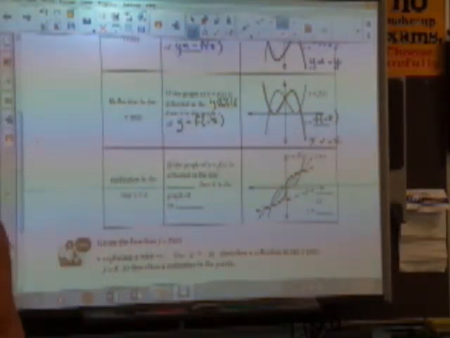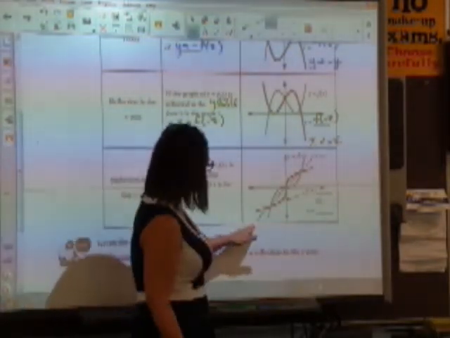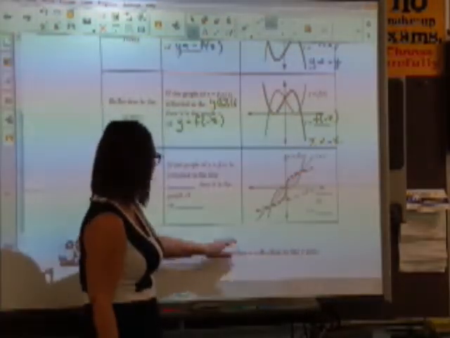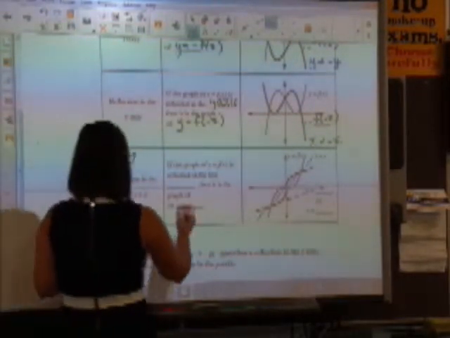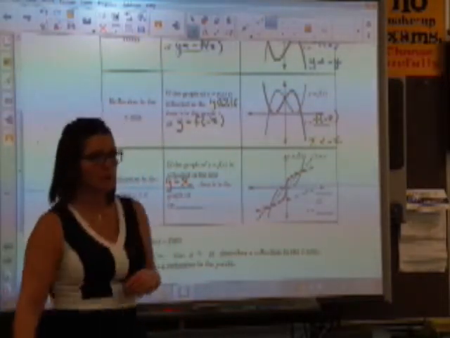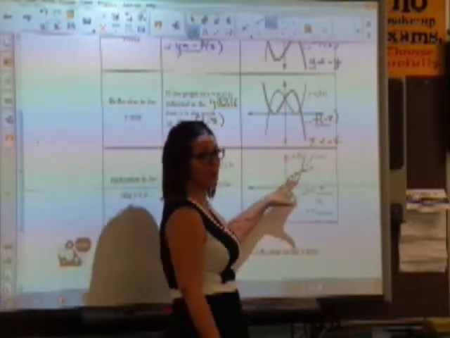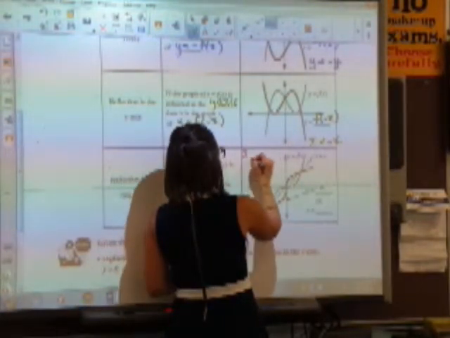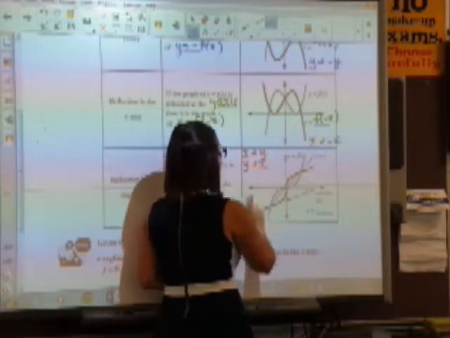And then finally, I have a reflection in the line y equals x. Okay? If I reflect in the line y equals x, what I have is two replacements. I replaced my x values with y, and I replaced my y values with x.